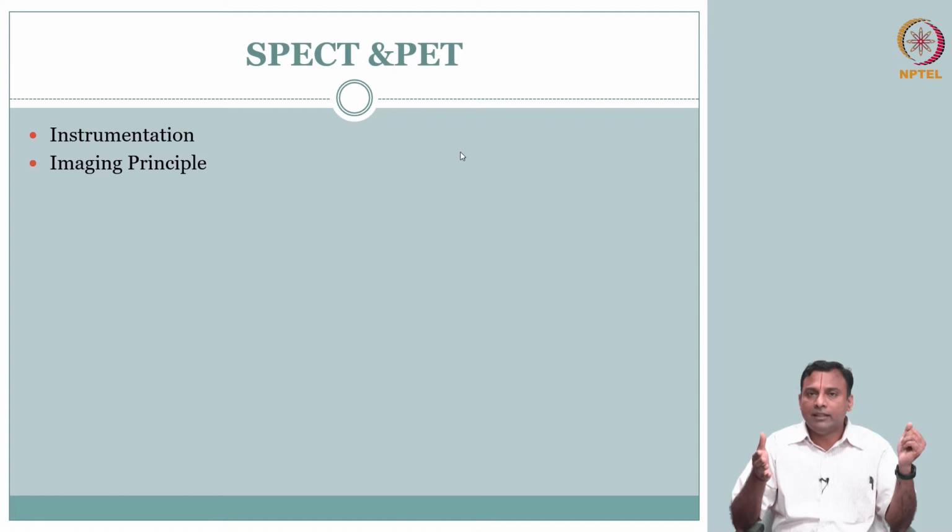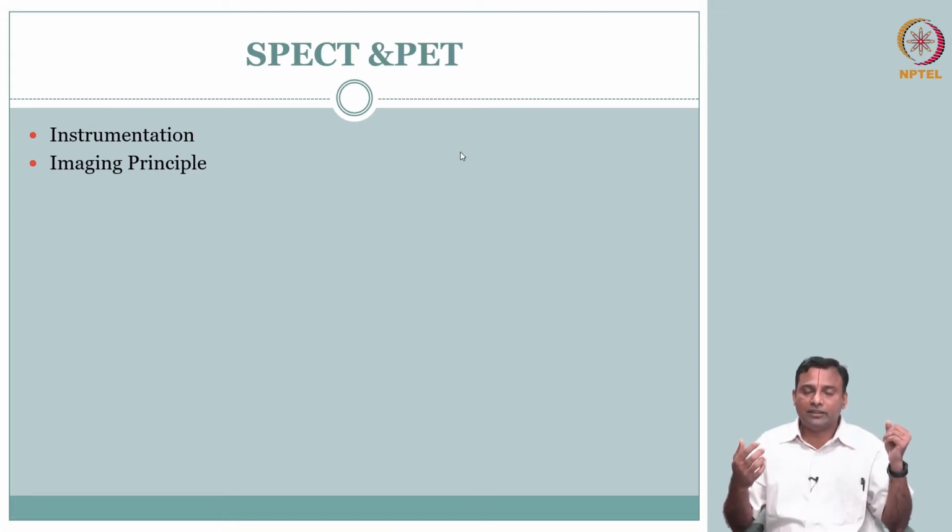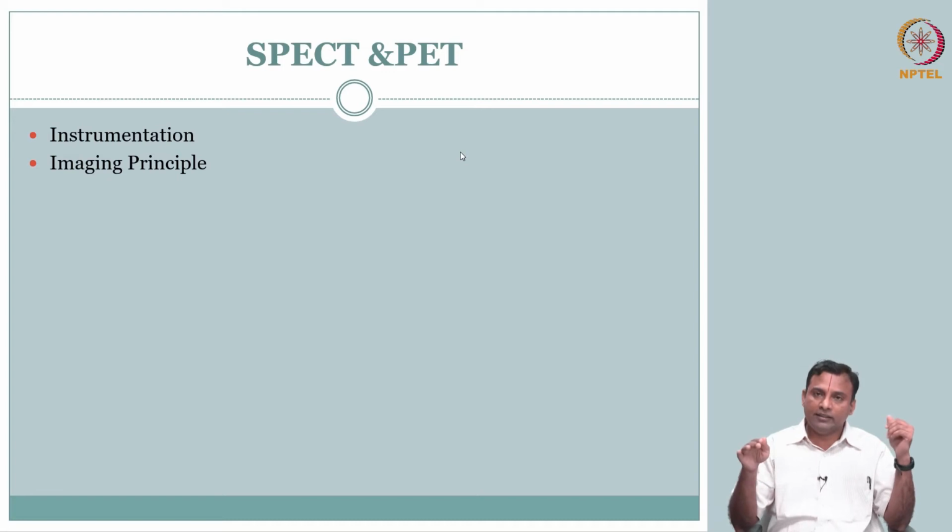We know what signal is recorded, the gamma rays, and how it is recorded in planar scintigraphy. So we will start from there, with the scope of seeing the acquisition, first the instrumentation for SPECT and PET, and then the imaging principle more specifically to do with your tomographic reconstruction.